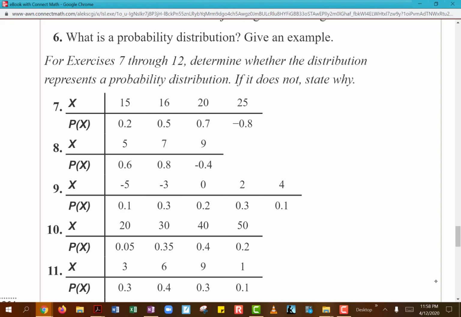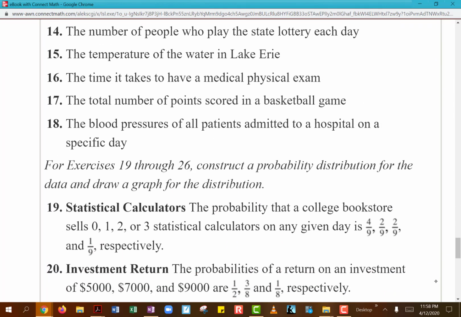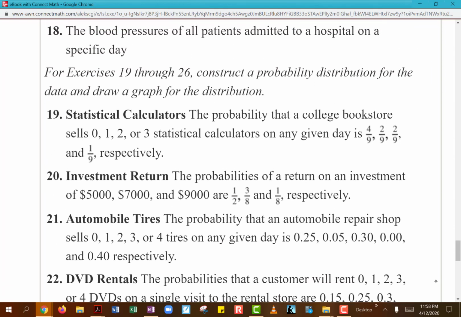Okay, now the next example that I wanted us to look at is number 20 over here, and they're asking you to construct a probability distribution and draw the graph, but we're just doing the construction of the probability distribution because you guys can practice drawing the graph, but I'm not going to be doing that right now in class.